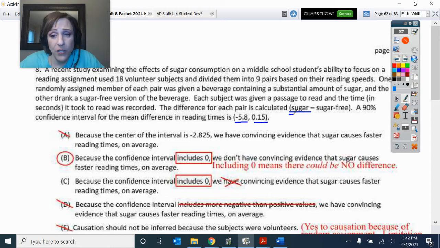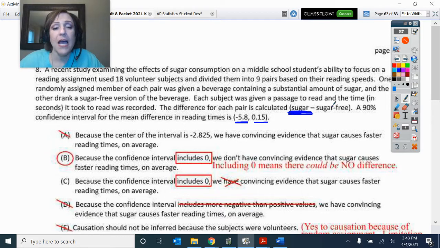Again, remember I do this in terms of both. So the average reading time for the group that took the sugar is between 5.8 seconds lower, because it's negative, to 0.15 seconds higher than the sugar-free group on average.